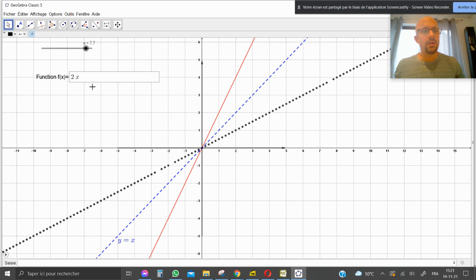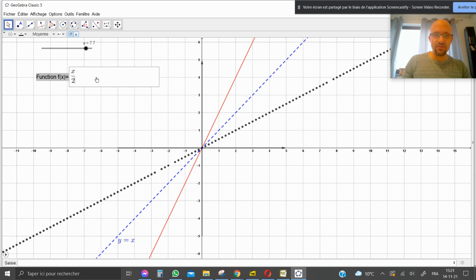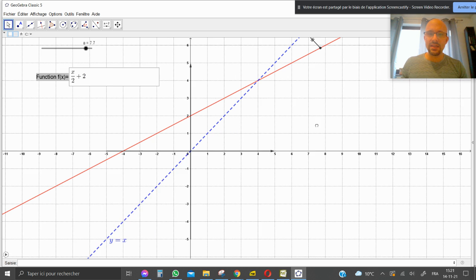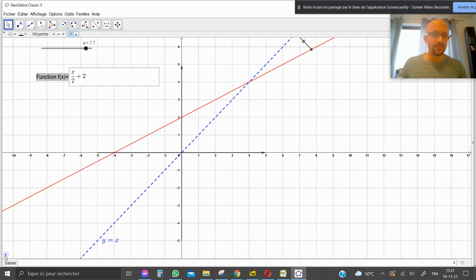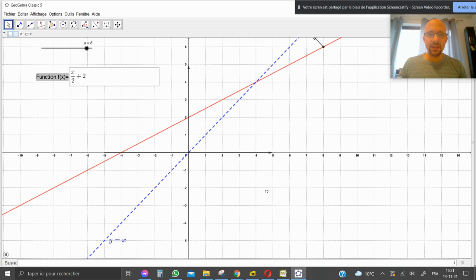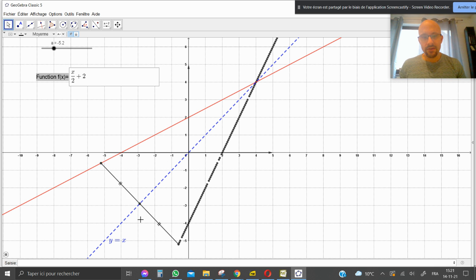So now let's see what it gives us when we use the function x divided by 2 plus 2, as in one of the last examples. Let's see what it gives us. And did you see? It's always symmetric to this line, and the construction of it gives us the line 2x minus 4.